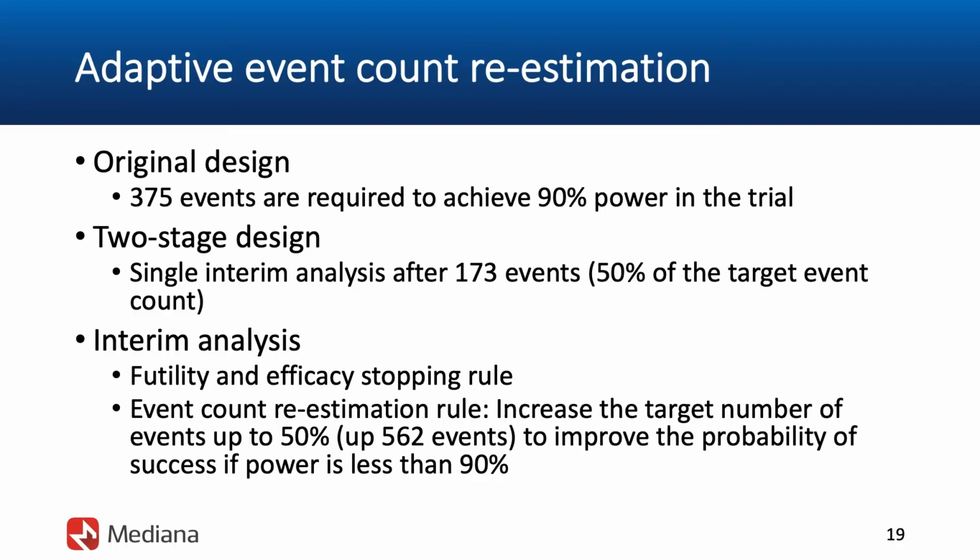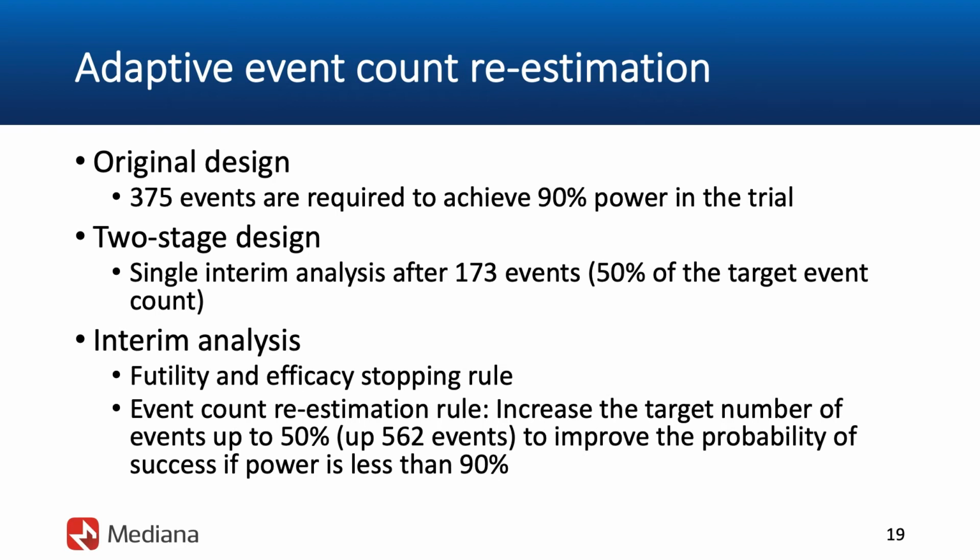Here is some general information on the decision rules that describe the planned design modifications in the VALOR trial. As we have said before, it's very important to emphasize that all of the design modifications must be pre-specified, must be pre-planned, because here we're dealing with a confirmatory setting. With the original, traditional design, about 375 events would be required to achieve 90% power in the trial.